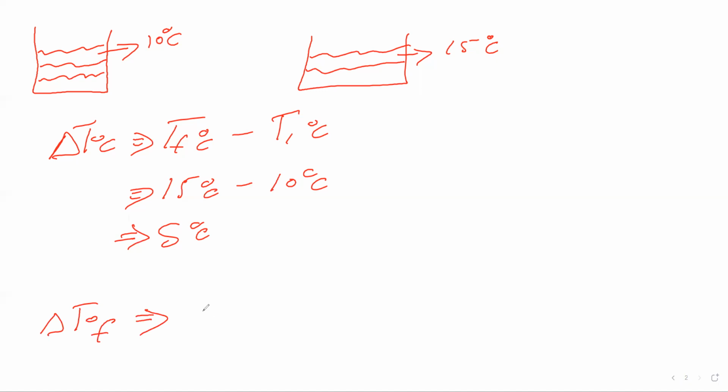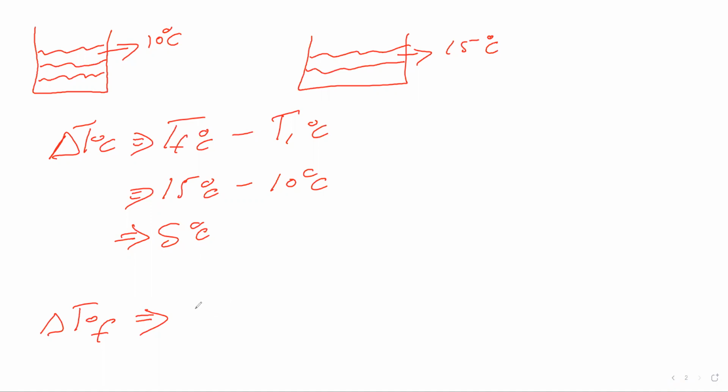The temperature in Fahrenheit is equal to 9/5, so the temperature in degrees Celsius times 9/5, that's what you're saying? Plus 32. The same formula as before.